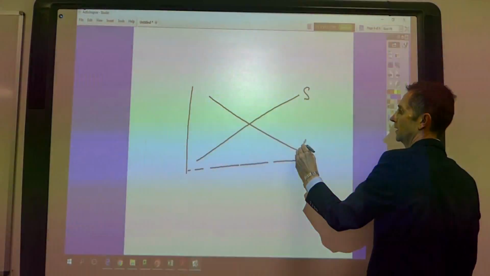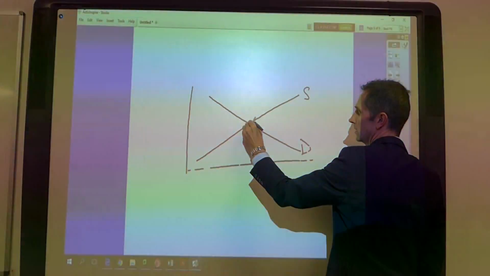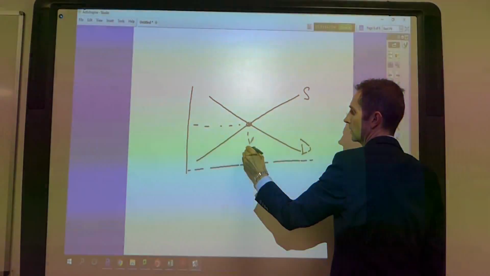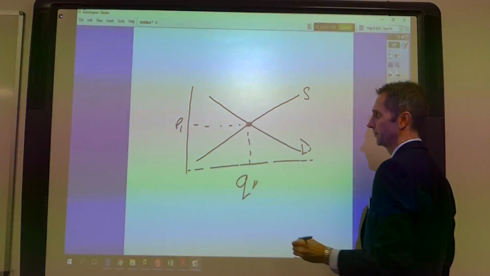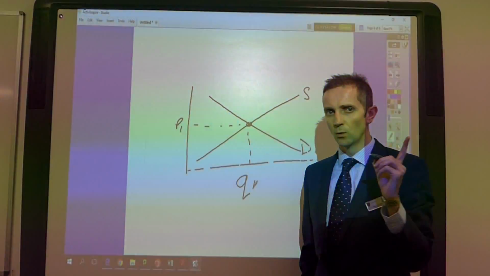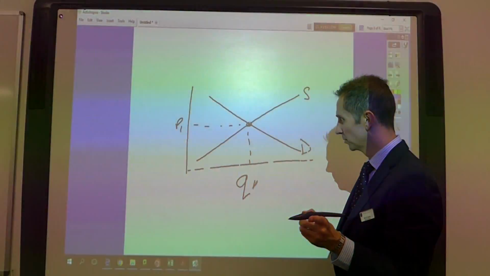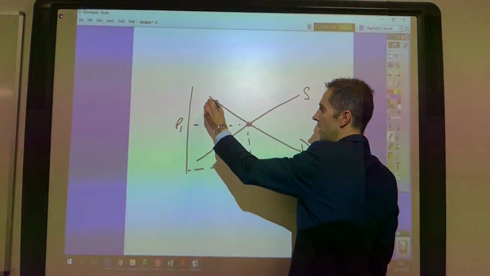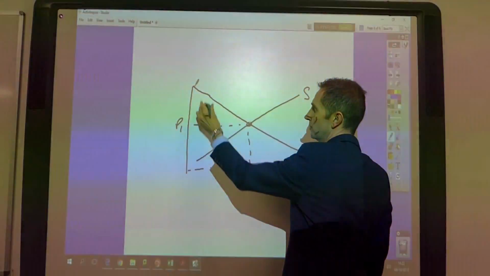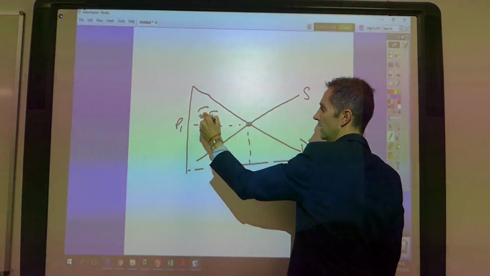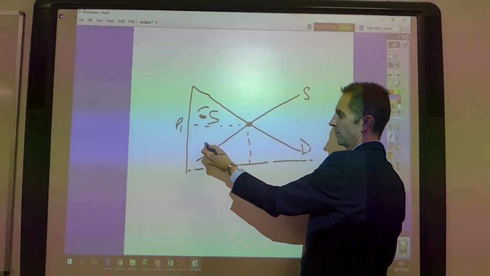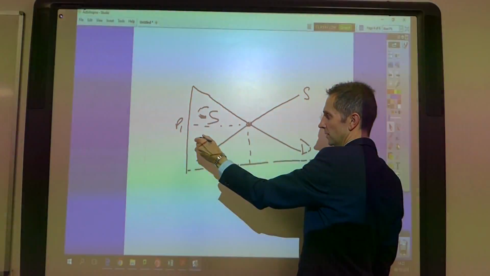So here's supply, here's demand. P1, Q1. So, what's consumer surplus, what's producer surplus here? So, as you know, area above the price and below demand is consumer surplus, which is here. And above supply, below price is producer surplus.